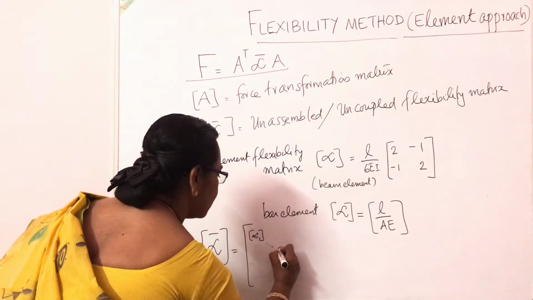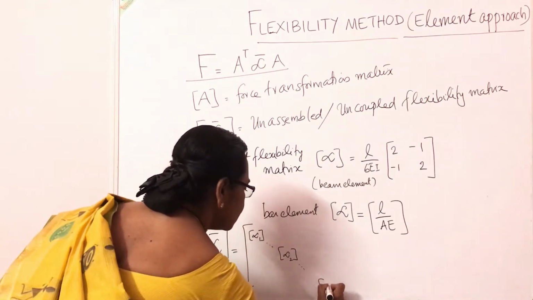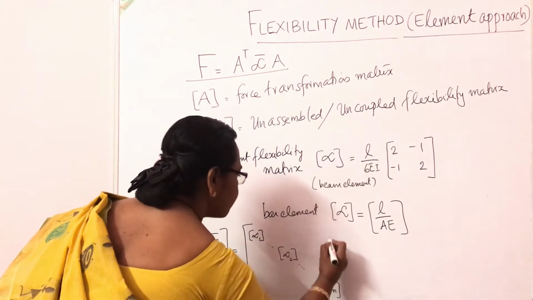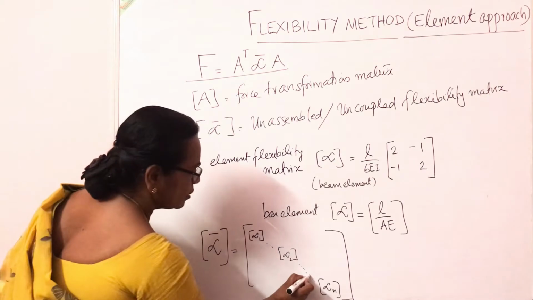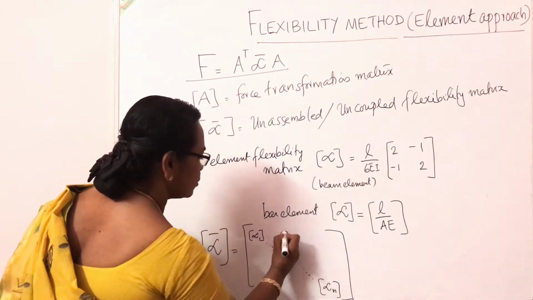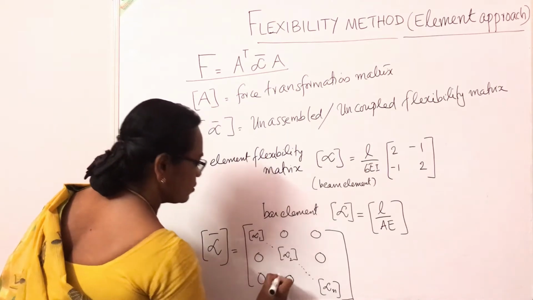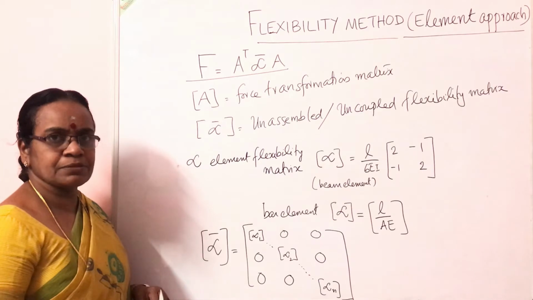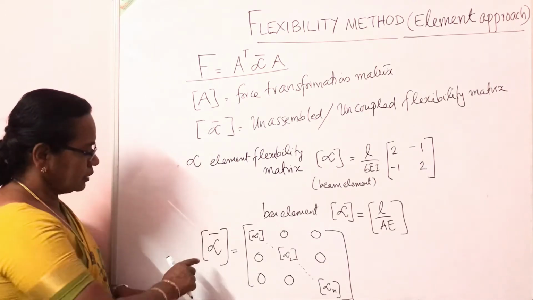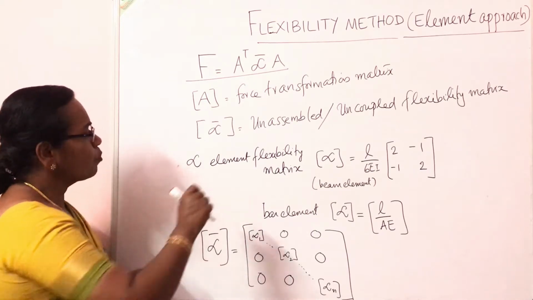So write alpha 1, alpha 2, etc. up to alpha n. Arrange it in a diagonal manner and all other elements will be 0. A matrix obtained by diagonal arrangement of element flexibility matrices is called the uncoupled flexibility matrix.